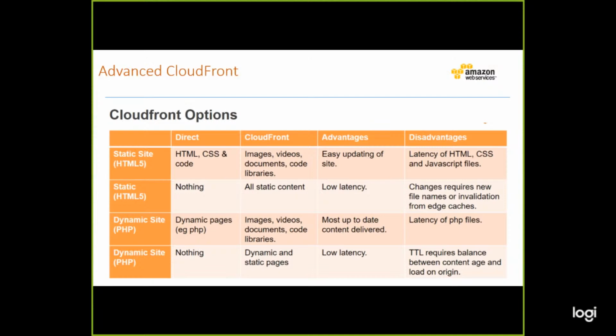Now, what are the options? We know that we can make our application global. We can direct the content to be copied from the origin server to the edge location. But what options do we have? The same options you have when you create your website or application: you can create a brilliant, professional website with HTML5, CSS code, and you can also use PHP files or Java files or any other programming language for dynamic content.